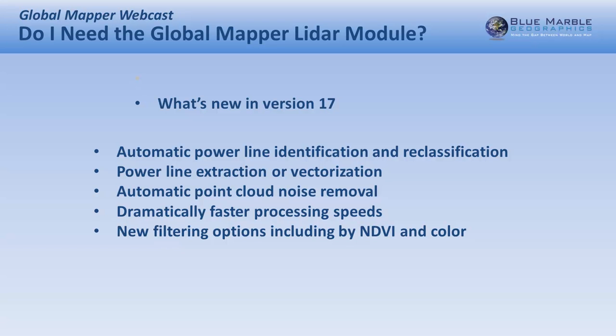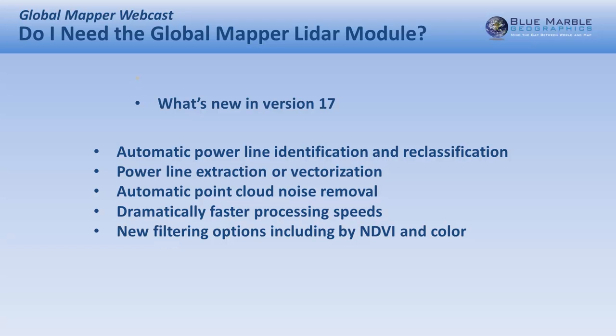But I've got a sample of very high point density point clouds, and it does a fantastic job identifying power lines and then reclassifying them. That leads into my second bullet, power line extraction, creating linear features from those. Again, we'll go through that scenario a little later.